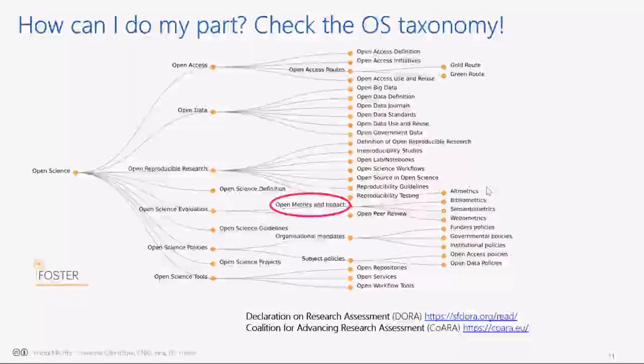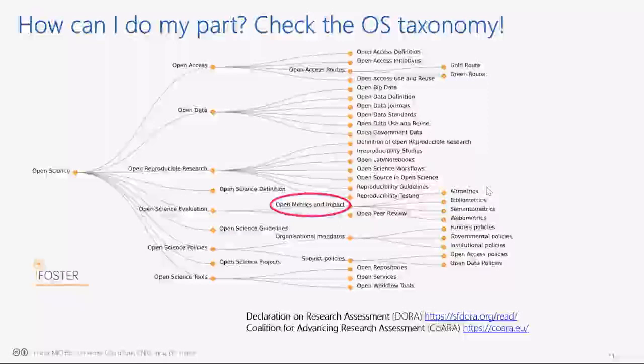In particular, here below, I have cited two initiatives. DORA is the Declaration on Research Assessment, and COARA, the Coalition for Advancing Research Assessment. COARA is actually a later work that is based on the principles of DORA. DORA typically provides a set of recommendations for funding agencies, institutions, publishers, and researchers about how to focus on more qualitative metrics than quantitative ones.